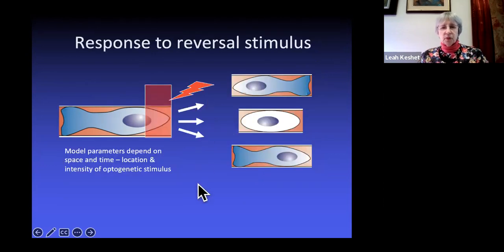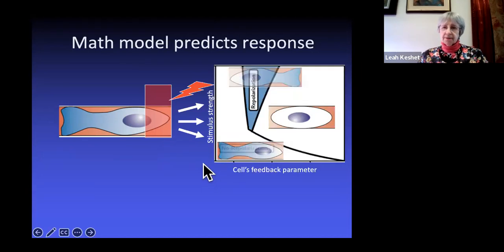And in particular, the question we asked was, how much signal intensity is needed in order to get the cell to actually reverse its polarity, as distinct from losing polarity or simply relaxing back to the same polar state?